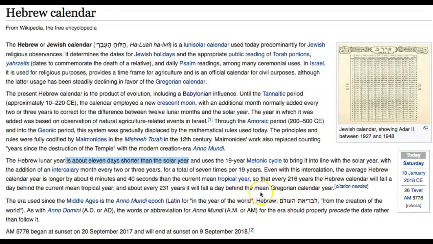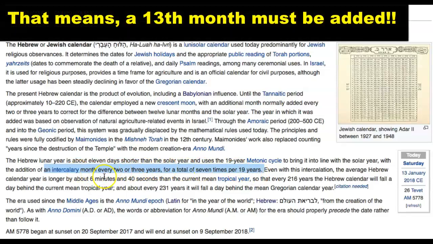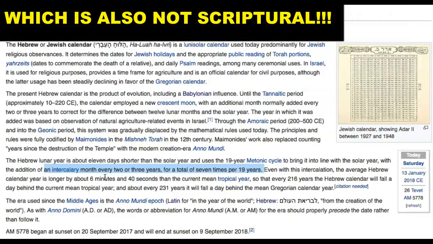So to add up to the solar year, they have to have a 19-year metonic cycle to bring it in line with the solar year, with an addition of an intercalary month every 2 or 3 years for a total of 7 times per 19 years. What that means is they have to add an additional 13th month every 2 or 3 years, which also is not scriptural, because that means in the Jewish calendar, one of their years they're going to have 13 months in it, and that is not scriptural either.